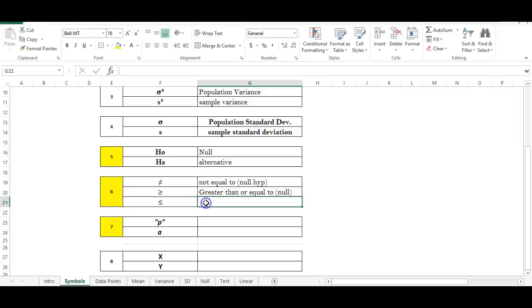And same thing with less than or equal to in context of the null. Now P will stand for p-value, as we saw in the example, and then my A or my alpha will be my level of significance.